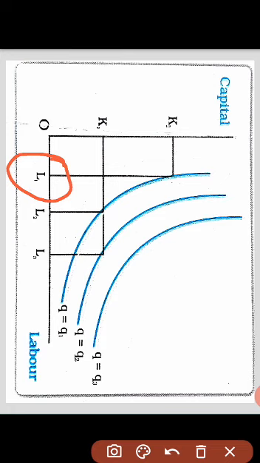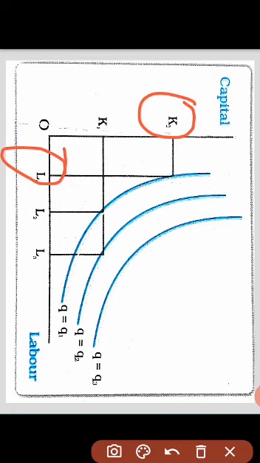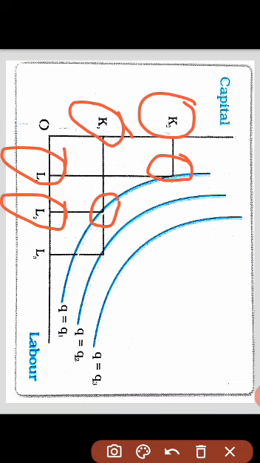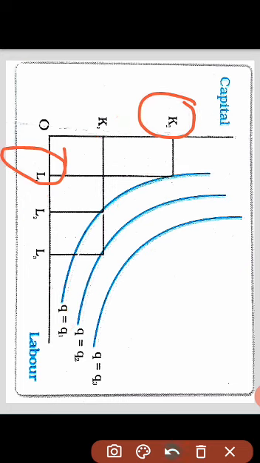Let me repeat once again. On the isoquant curve, the point K2, L1 is located on the first isoquant. The next one, K1, L2, is also located on isoquant curve first, that is Q equal to Q1, where all the points give the same level of output.